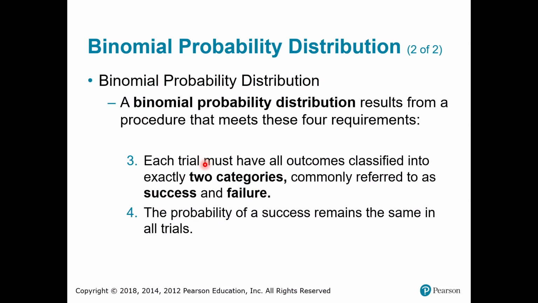Third, each trial must have only two outcomes. Hence, binomial. Bi means two, so two outcomes. We classify them as success and failure. And fourth, the probability of a success remains the same.